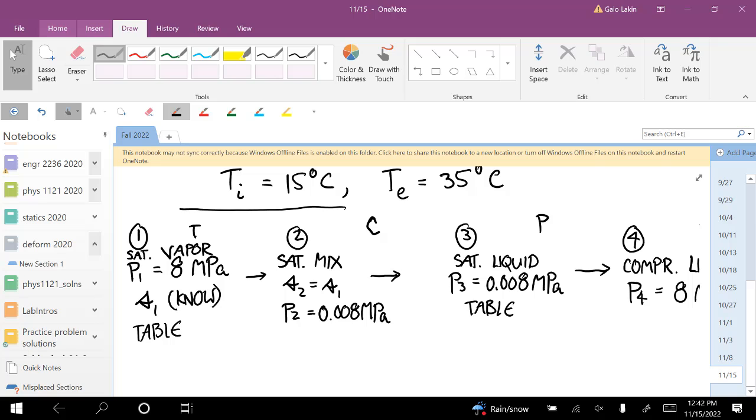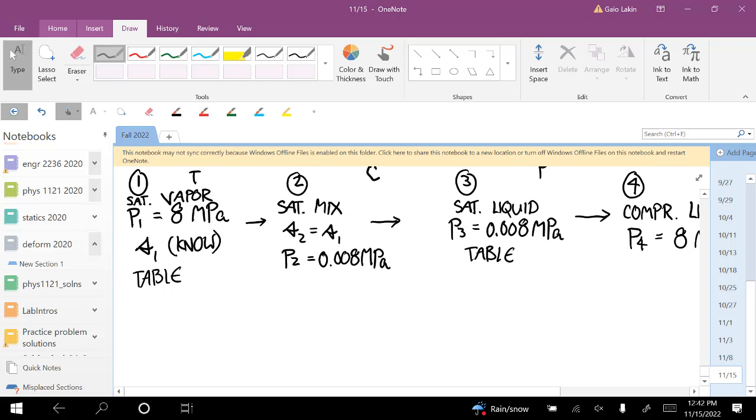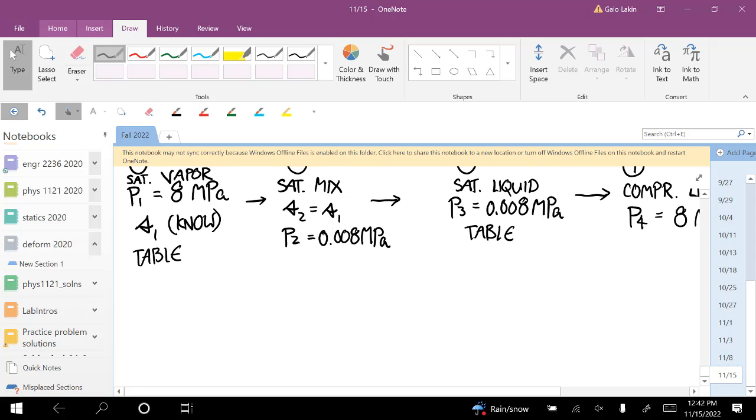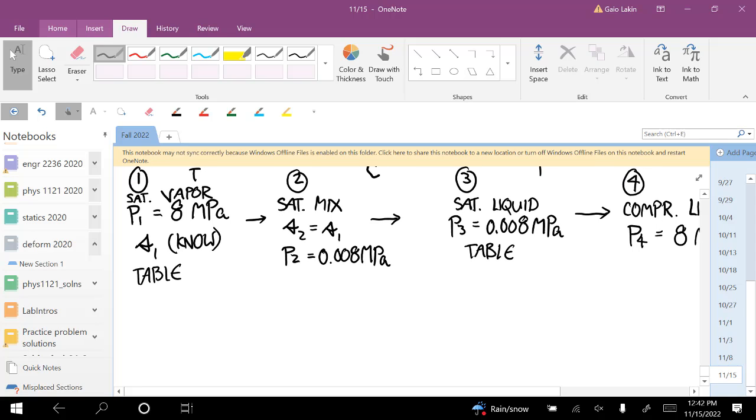If we're trying to find the thermal efficiency, remember our goal is that we have this expression, the QC at the condenser and the QB at the boiler. We want this. So remember, we have that expression, but we can calculate it.